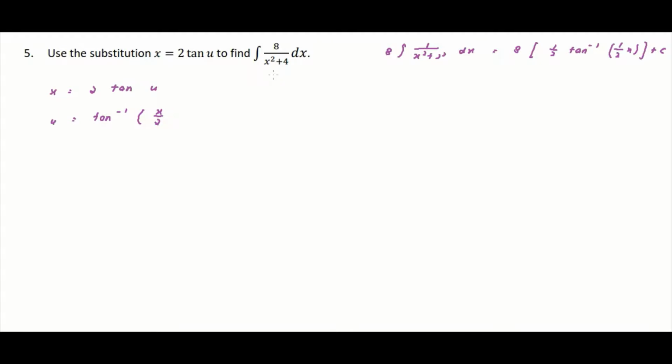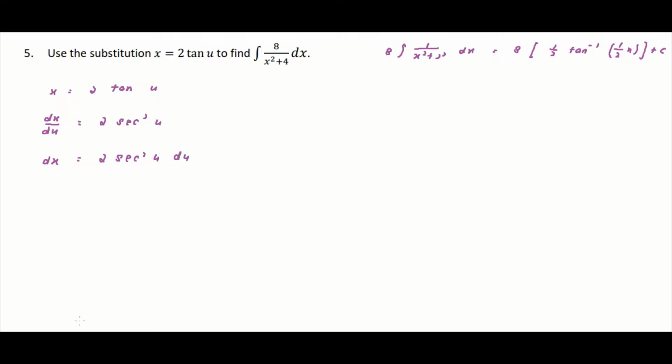You can try that on your own, but I'm going to show you the harder way in case you want to do sec. So dx du is equal to, after you differentiate, 2 sec squared u, right? Then now you need dx. So dx is equal to 2 sec squared u du.